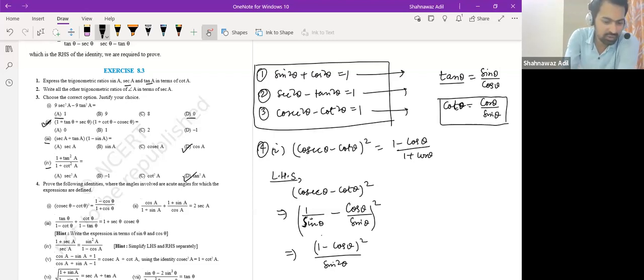So we'll have to do what? We'll have to get rid of this sine theta, right? And write it in terms of cos theta. Okay, so let us do that. What is sine square theta in terms of cos theta?